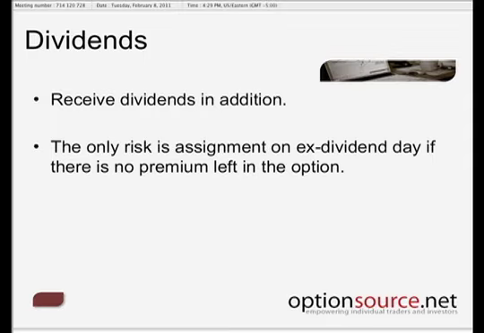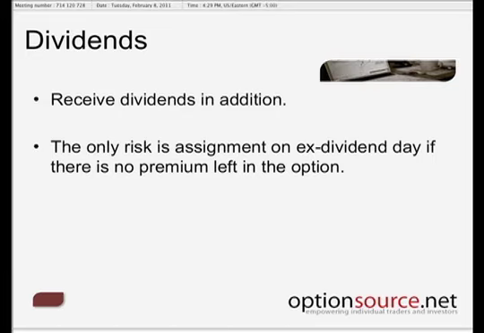Because ETFs more often than not are American-style exercise, which is different than index options and currency options, most of them are American-style exercise, which means theoretically there's always the chance that we may get exercised on the ex-dividend date. So you're not guaranteed the dividend, but I would say more often than not you will receive the dividend. In that equation, the option always has the possibility of an early exercise.